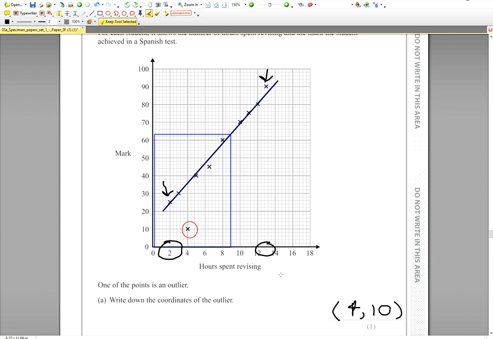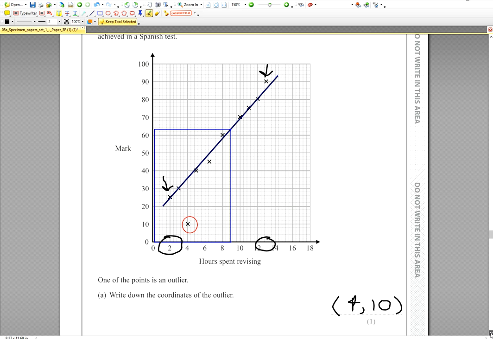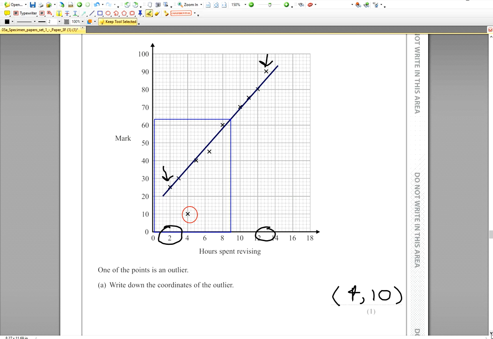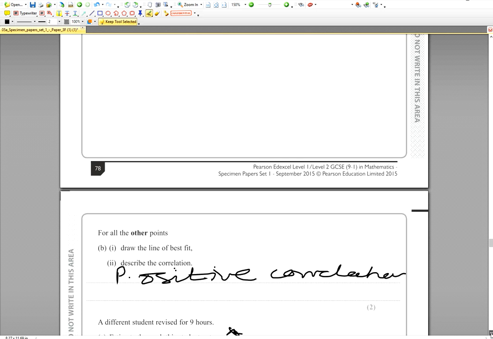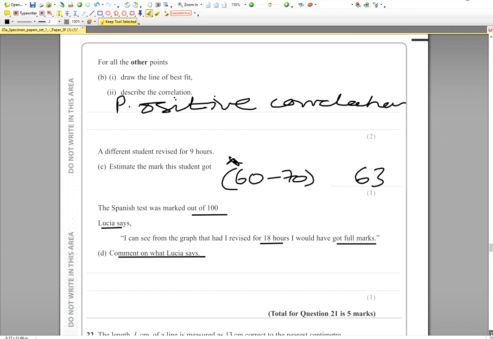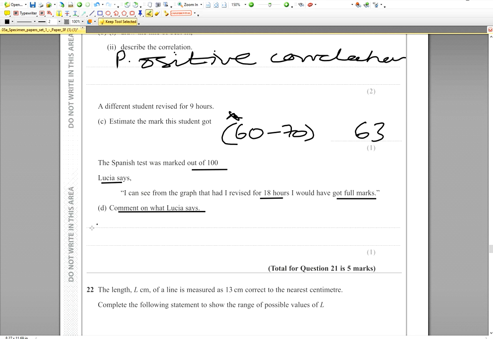Okay, we're happy with that? So we have to write down a comment saying that the data doesn't support that. We extrapolate, basically extending the line, and that's dangerous. I put that I disagree because the graph doesn't show somebody who revised for 18 hours. So we can say there is a danger of extrapolation outside the given range.